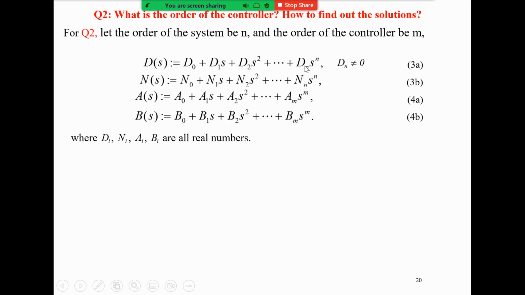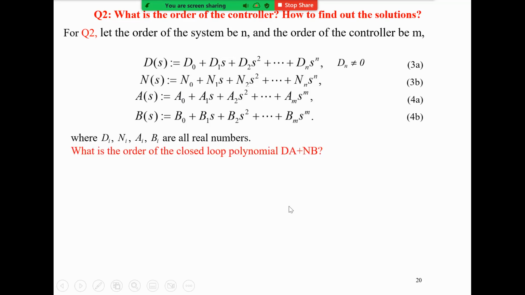So particularly, D_n cannot be 0. And then let the order of the controller be m. So we write the highest degree term of this polynomial with a degree of s^m. And you are free to design those coefficients of those polynomials.